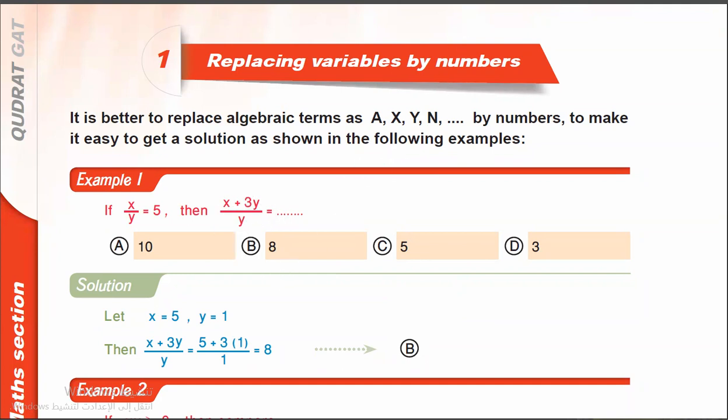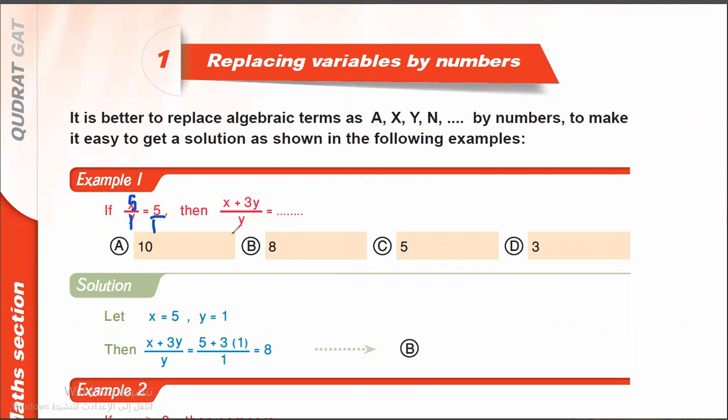Can I replace the variables with numbers? You can write here 5 over 1, because the denominator is 1. So you can substitute now in x plus 3y over y.